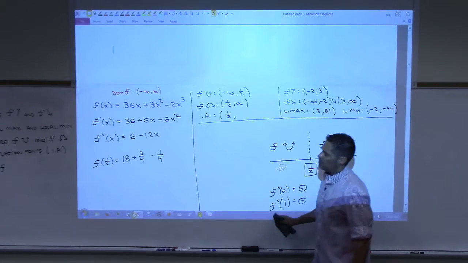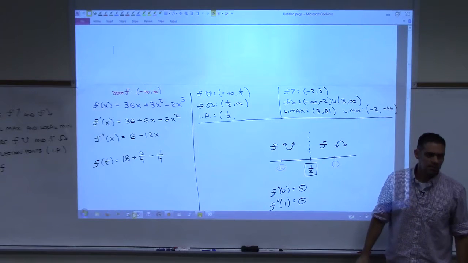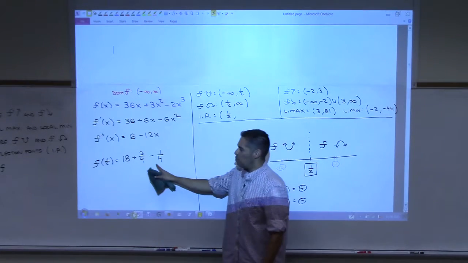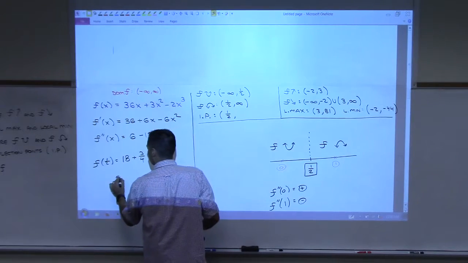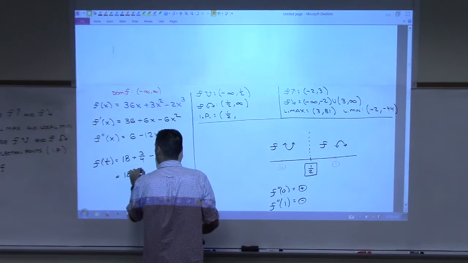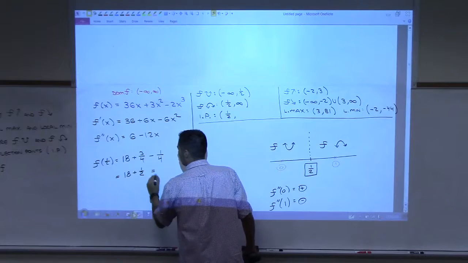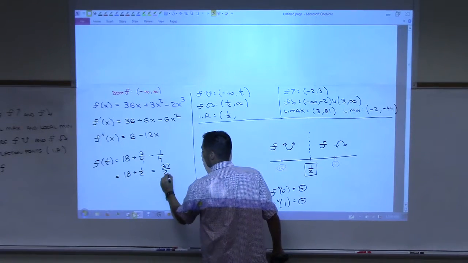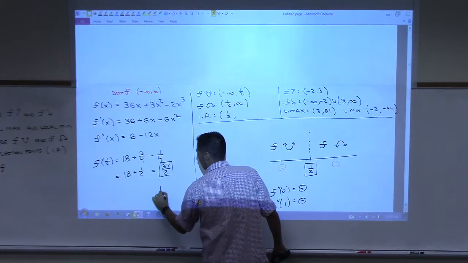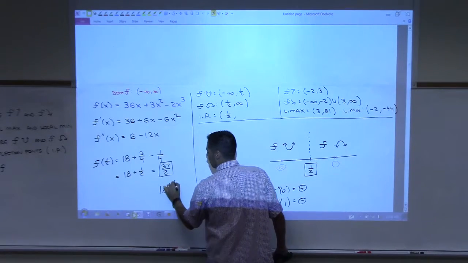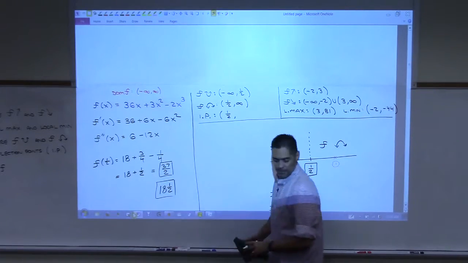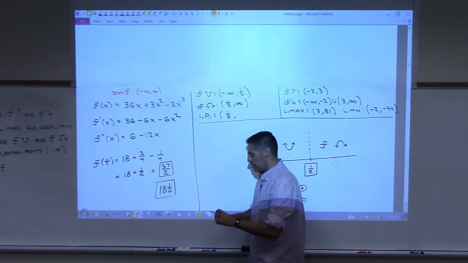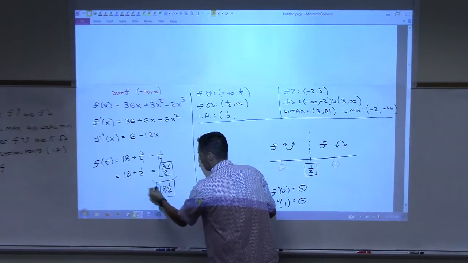And 3/4 minus 1/4 is 2/4, and 2/4 is 1/2. So 18 plus 1/2, which is 37 halves. 18 and 1/2 is another way of writing it, but that's using mixed numbers, and mixed numbers are for grade school, okay?